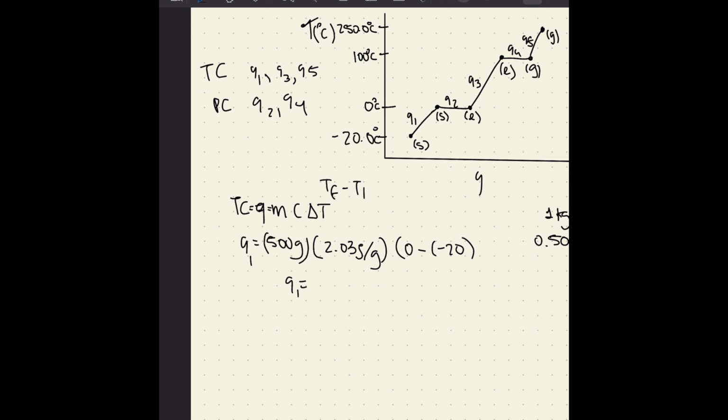So be aware when you put that in your calculator. So now we're going to multiply, and let's see what we get. Well, I got joules, okay? I forgot to put the units here, but yeah, sorry.